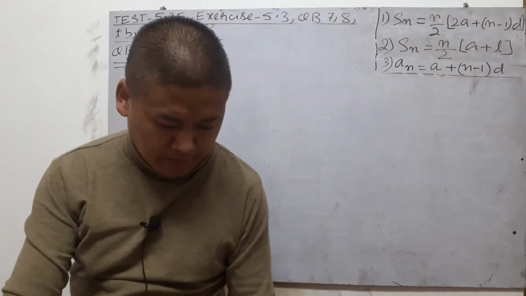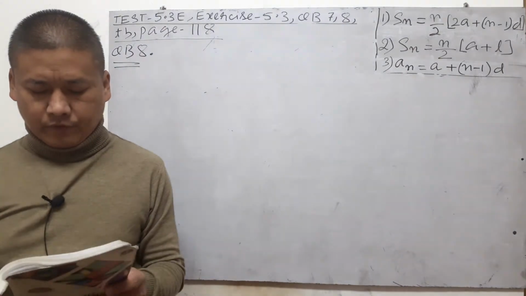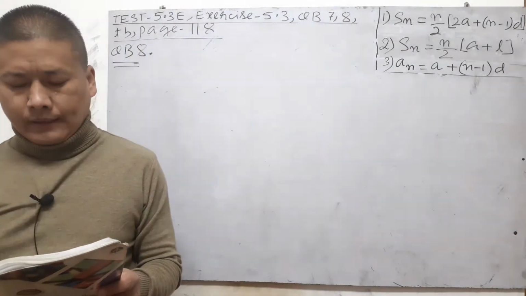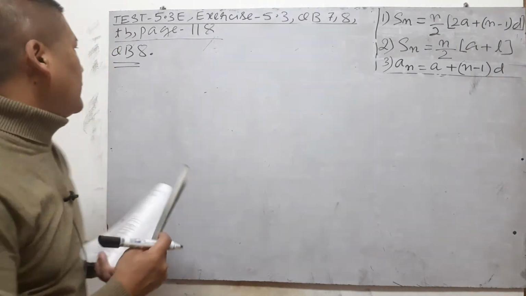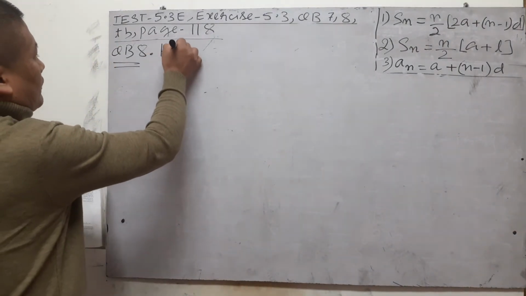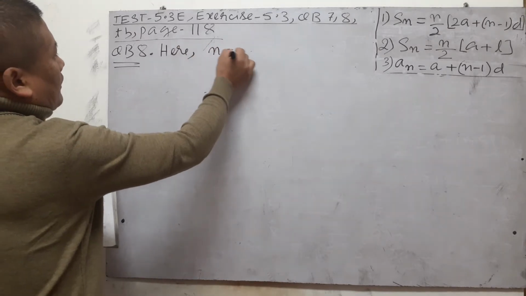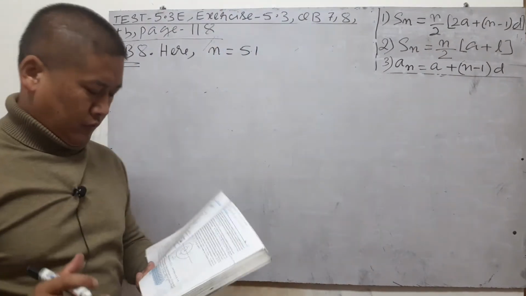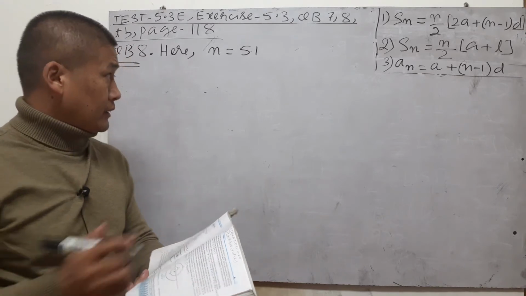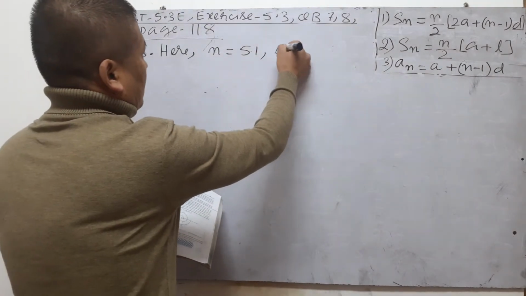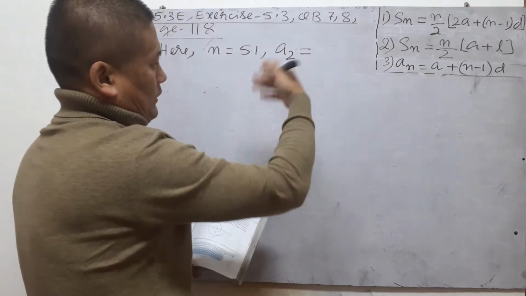Find the sum of the first 51 terms of an AP whose second and third terms are given, 14 and 18 respectively. So here, as we read the question, total number of terms are 51. First 51 terms, so total number of terms 51. And the second term, A2.